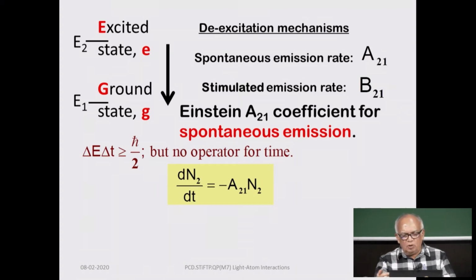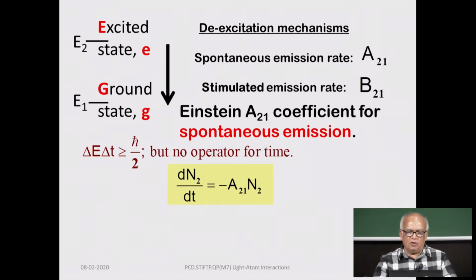So, obviously, the solution would be an exponential solution, because any time you have got a quantity which decays at a rate which is proportional to the amount of that quantity at that point, whether it is decay of charge on a capacitor or whatever, the rate at which water flows out of a beaker if there is an orifice at the bottom. So, you have a relationship which is dN2 by dt equal to minus A21 N2.